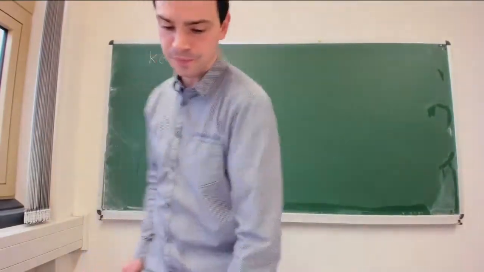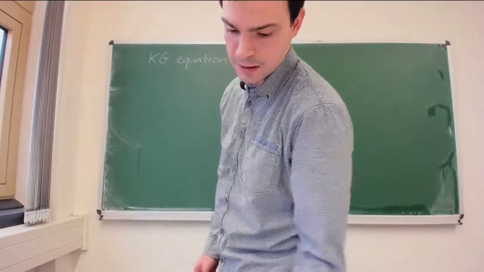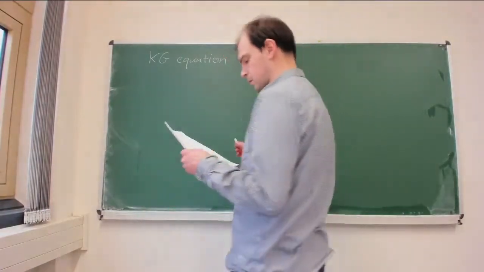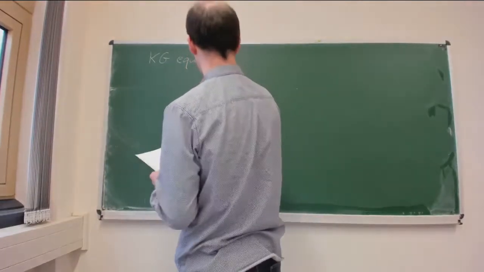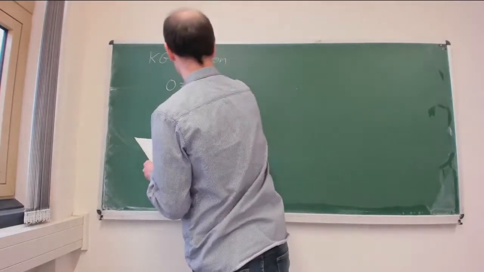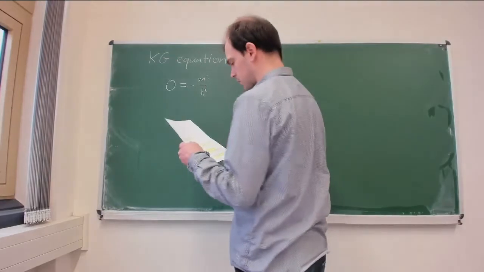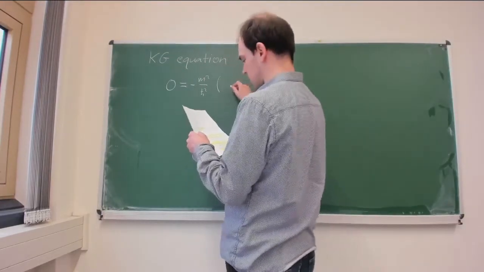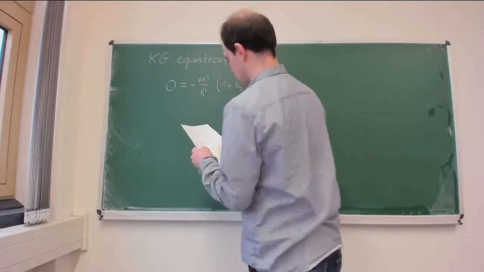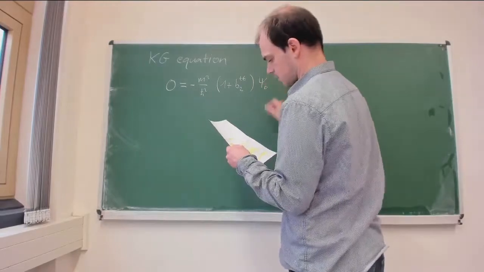And for n equals 2, we find the following expression. We find zero equals a constant, which doesn't really matter, 1 plus b2 tt plus 0.